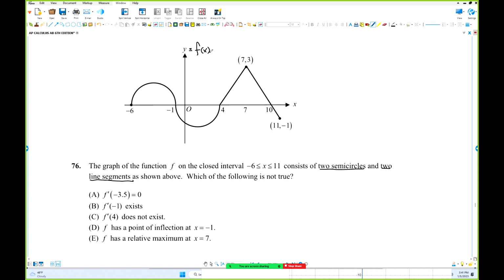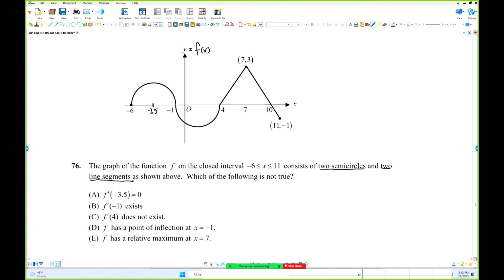Where is negative 3.5? It is in the middle of negative 1 and negative 6. Negative 1 plus negative 6, divided by 2, is actually the middle, negative 3.5, on the semicircle.